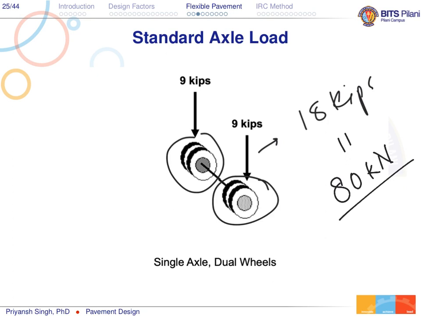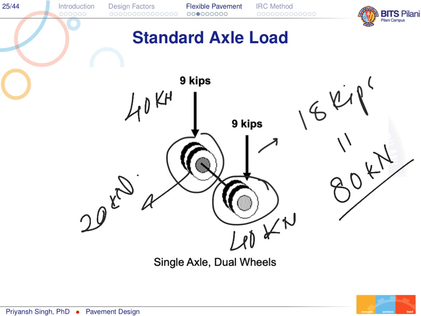So in SI units, you have 40 kilonewtons on each side and 20 kilonewtons on each wheel for a standard axle load.